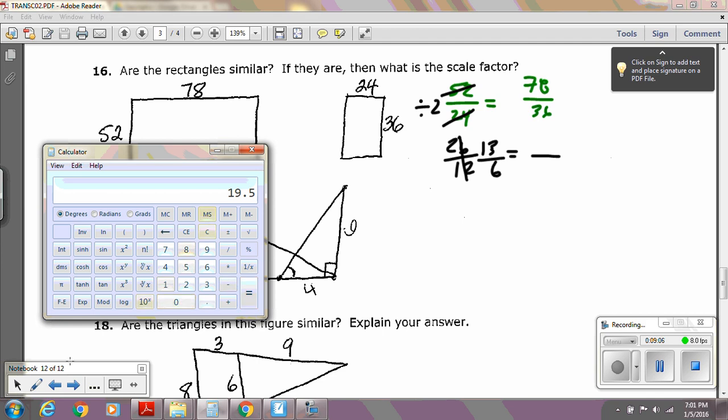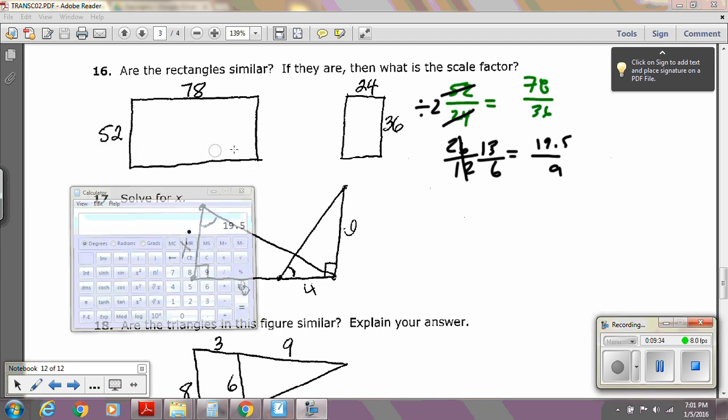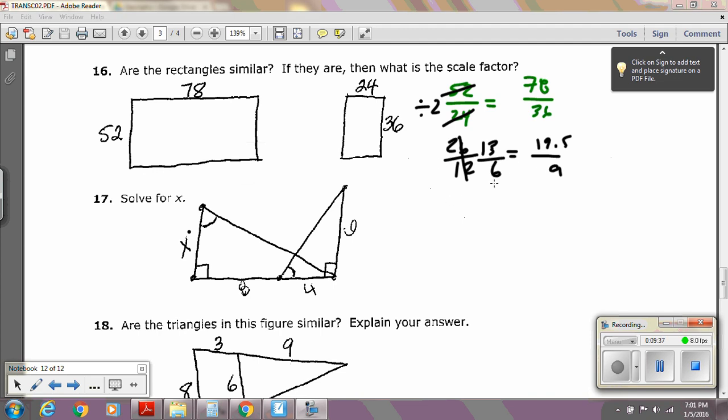19.5. So I would have 19.5 over 9. Did I put 78? Let me double check, just to be sure. 78 divided by 4. Yes, okay. So, since I didn't get the same fraction when I reduced by 4, I'm not going to get the same decimal either.